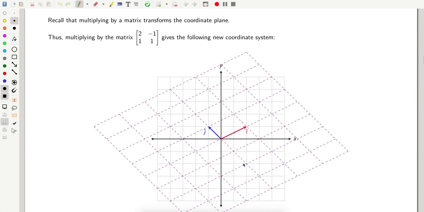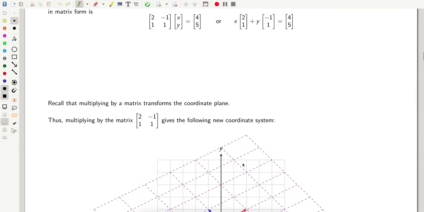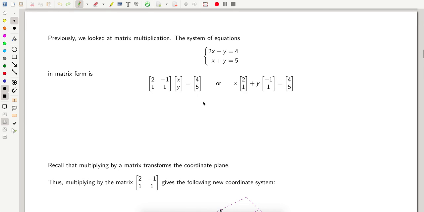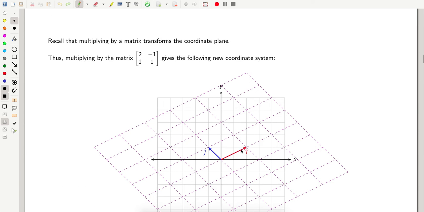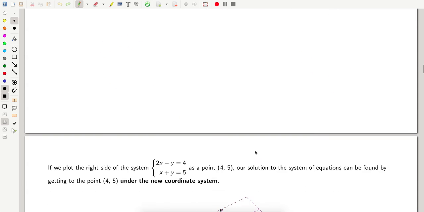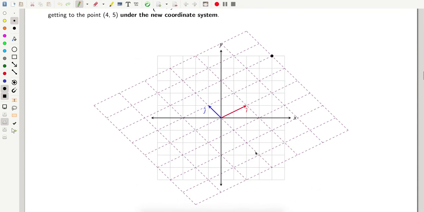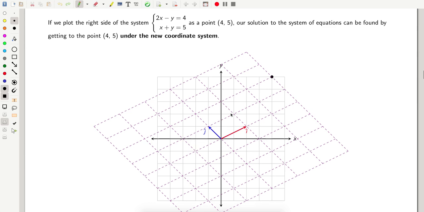And so if we look at that point that was on the other side, 4, 5, if we were to plot that point in our original coordinate system, the gray coordinate system in this case, what it ends up looking like is something like this. And the idea behind systems of equations with matrices is, under this new coordinate system for i hat and j hat, what are the coordinates of this point here that was originally over 4 and up 5?